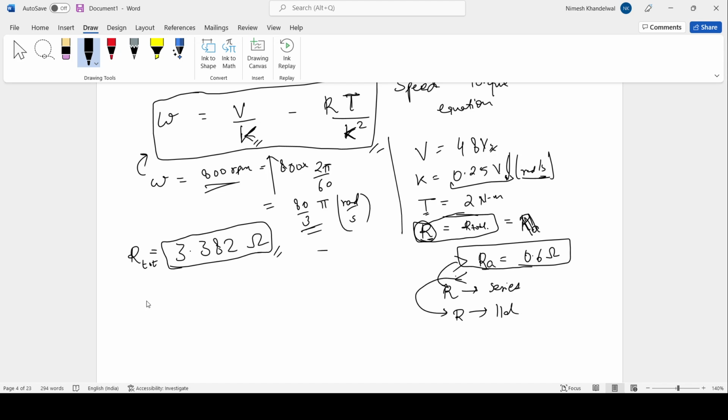And how much is that? Your total resistance is equal to your armature resistance plus some extra resistance, let us say Re. So Re is, let me call this RT, R total, RT minus Ra, right? And this is 3.382 minus 0.6 ohms.